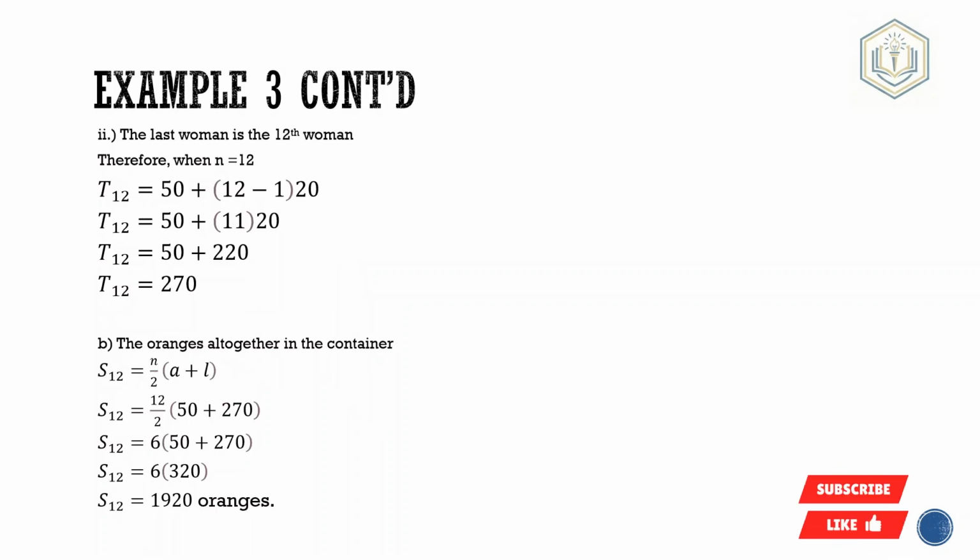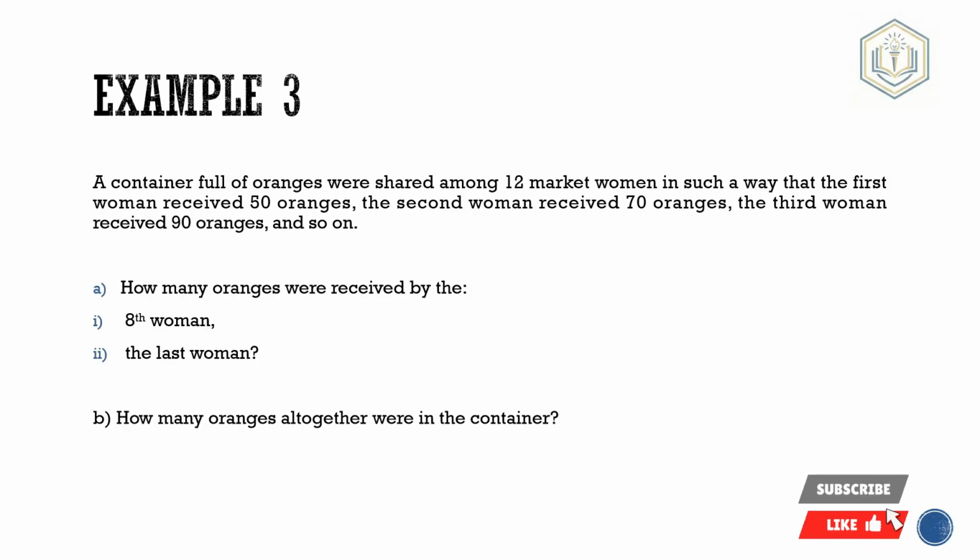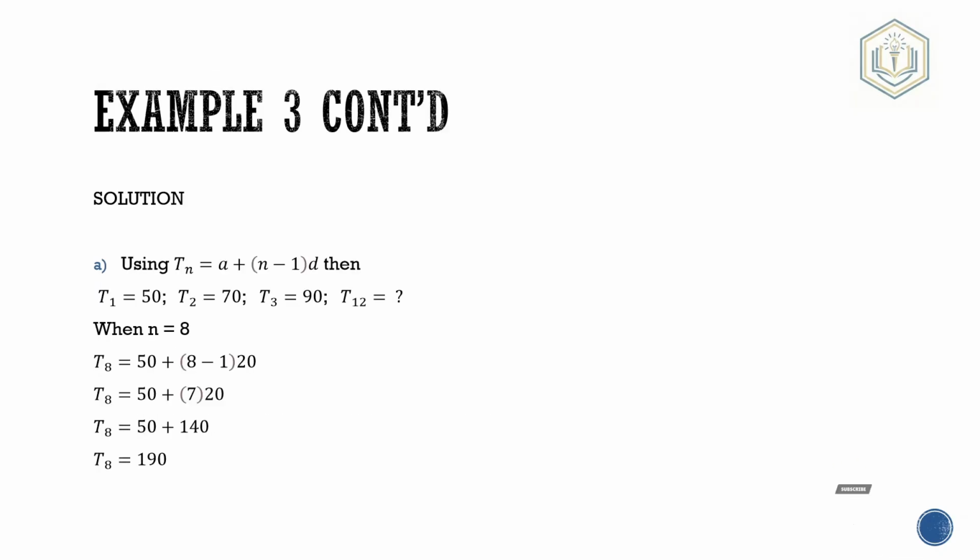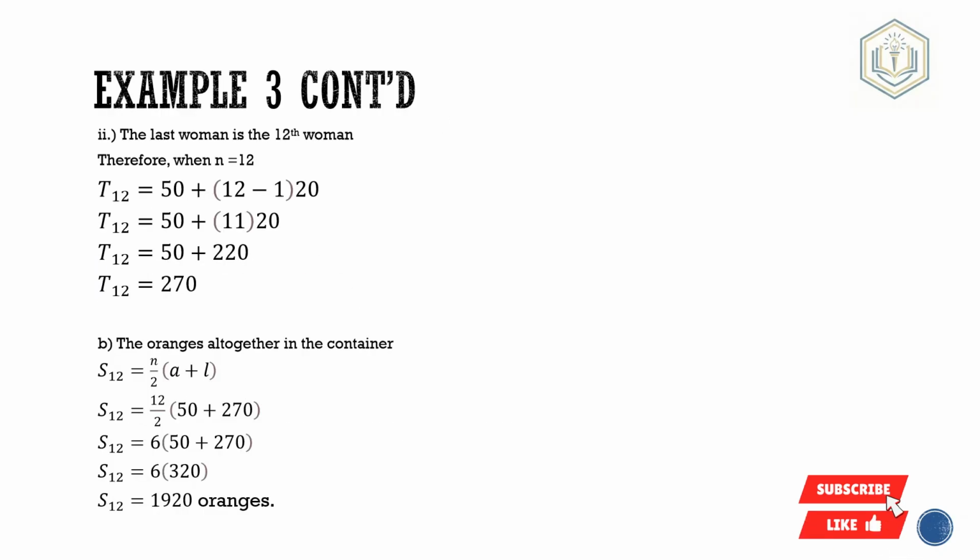If you check it, the last woman is the 12th woman. Okay, so let's look at it from the question. A container full of oranges were shared among 12. So that means the 12th woman is the last woman in that sequence. So we want to know how many oranges was given to the last woman.